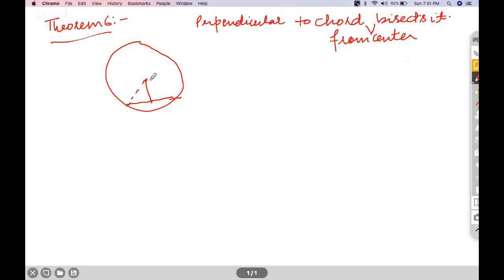So how do I prove it? Suppose this is O, this is A, this is B, and this is C. So I have two triangles, OCA and OCB.